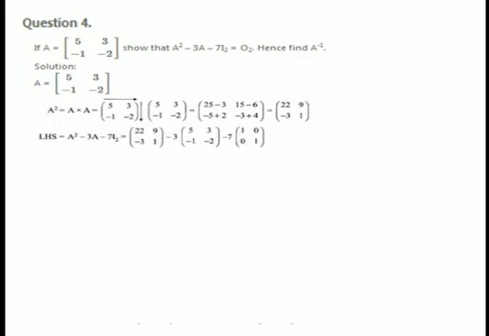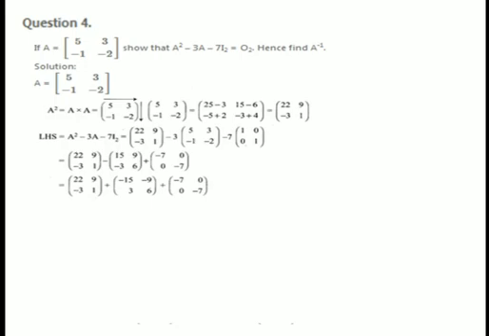LHS is A square minus 3A minus 7I2. A square we will find out, take it and write minus 3 into A minus 7 into identity matrix, that means 1 0 0 1. After that you subtract the two matrices first, then you add the identity.